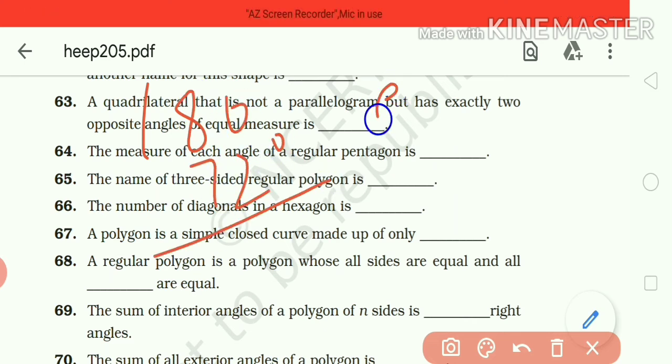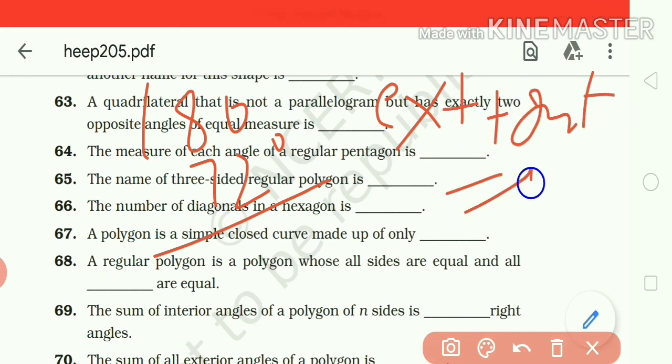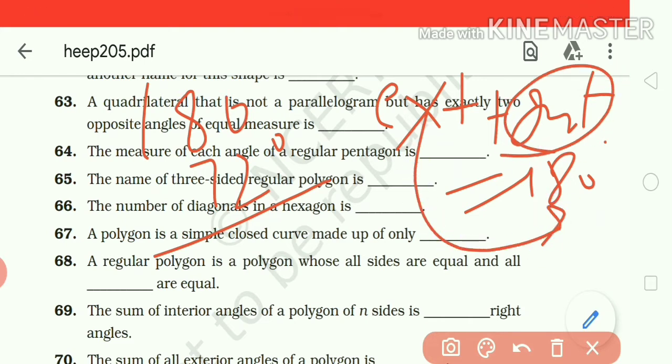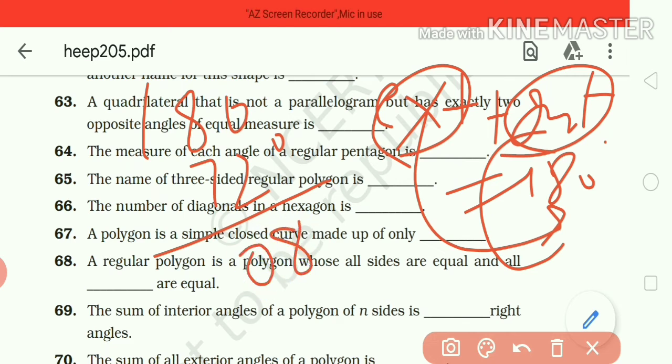You know that exterior plus interior equals 180 degrees. So if you want to find interior, you can subtract exterior from 180 degrees. If you want to find exterior, you will subtract interior from 180 degrees. So 10 minus 2 is 8, 7 minus 7 is 0, and this is 108 degrees, students.